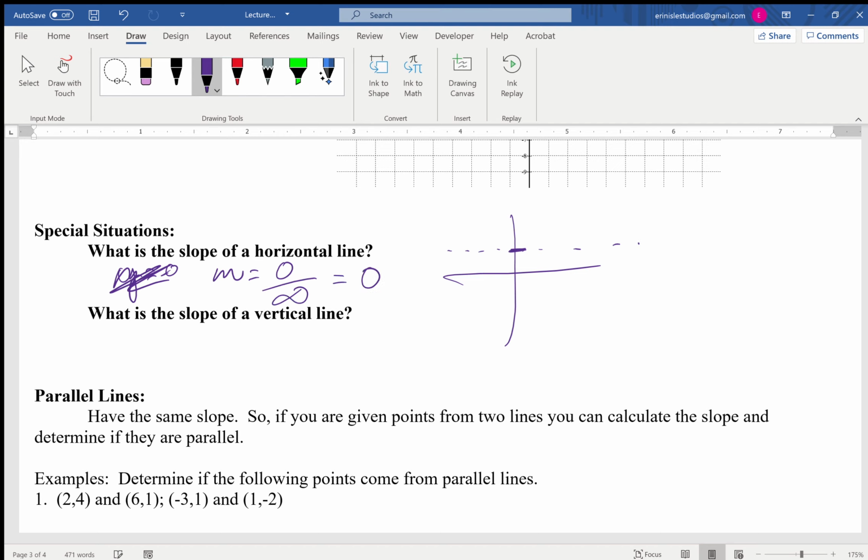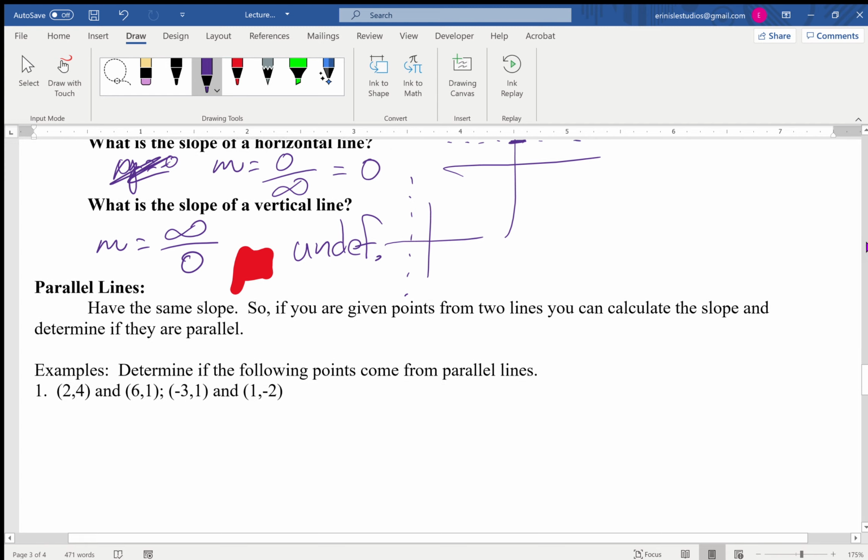That's a 0 slope. A vertical line has an infinite rise over a 0. Red flag warning. Okay, got a flag on that play. Alright, so this actually is undefined.